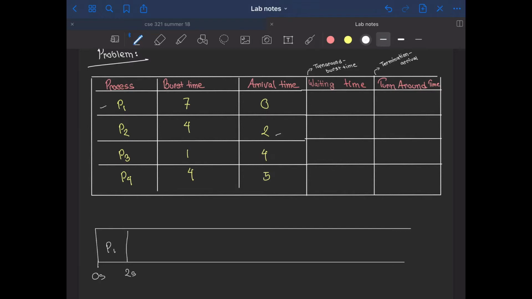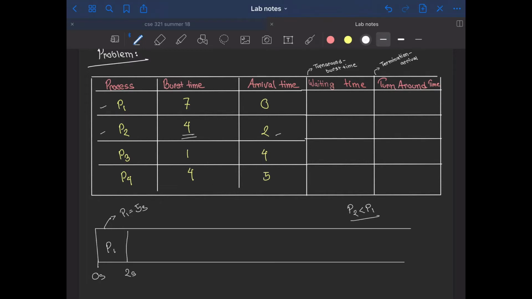P1 has already worked for 2 seconds, so it has a remaining of 5 seconds. Then at the 2nd second, we see there's another process called P2, and P2 has a burst time of 4 seconds, which is much smaller. So P2 is much smaller than P1 if we compare their burst times.